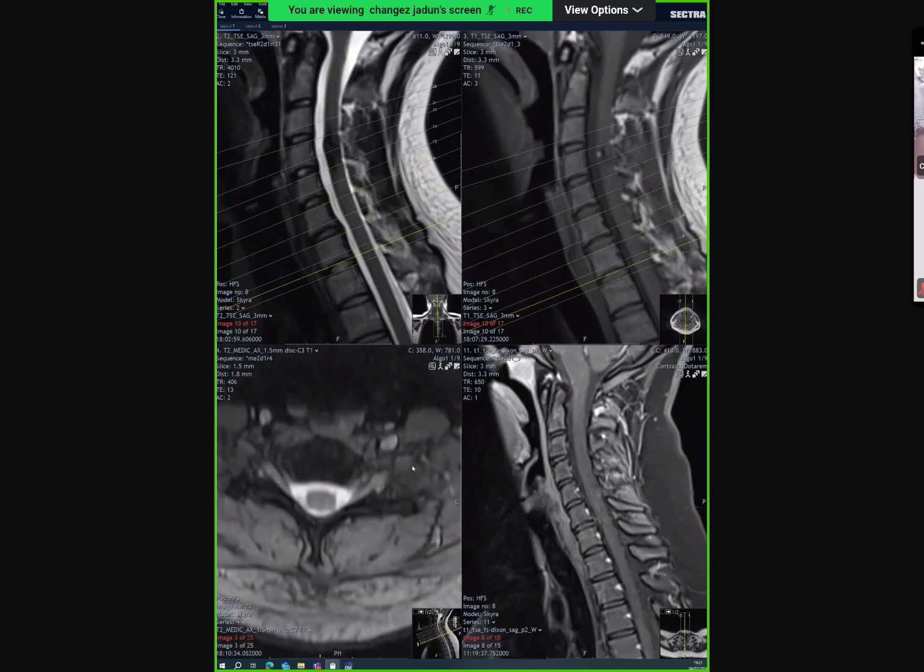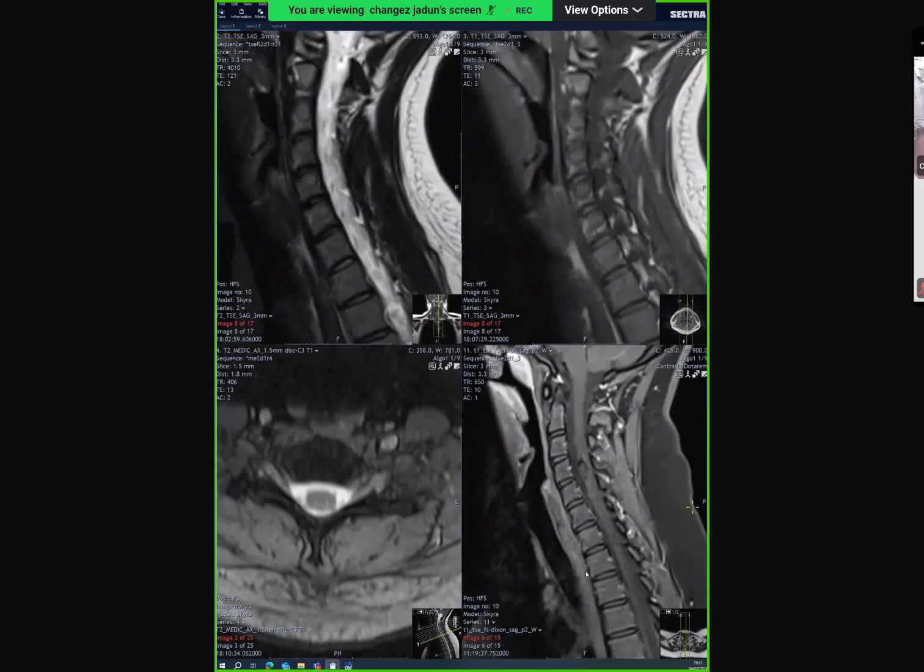Okay, how would you sum it up? Let me sum it up for you. There is an extramedullary intradural lesion at C4 level, which shows T1 bright signal, T2 low signal, speckled, faint enhancement, in fact borderline enhancement, which may or may not be there.